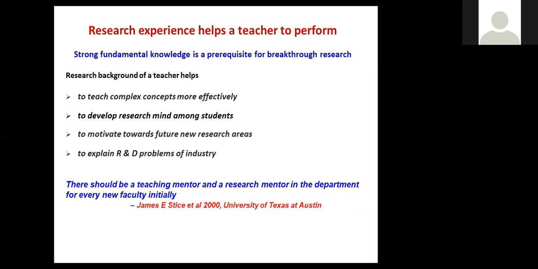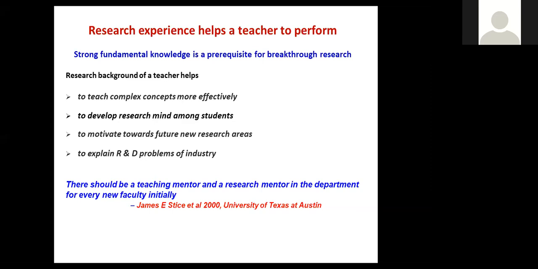If you are teaching first year students, you need to go from the very fundamentals. But if you are teaching an MTech student, you need to go to the top level. So a teacher needs to know the subject from A to Z, and you can go to the top level. Depth means you need to be a good researcher also.